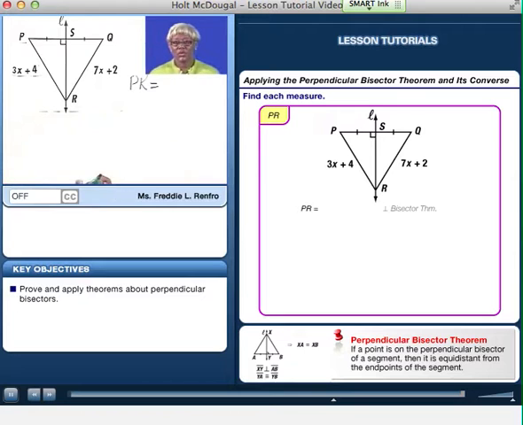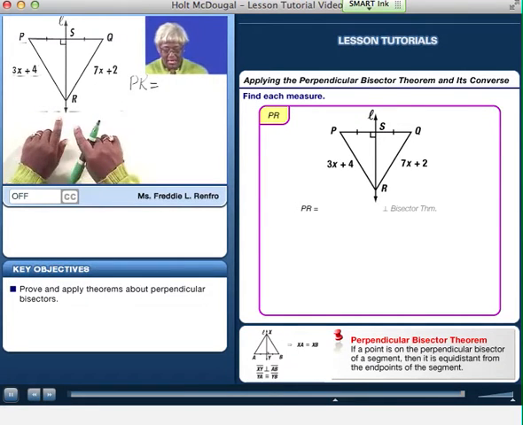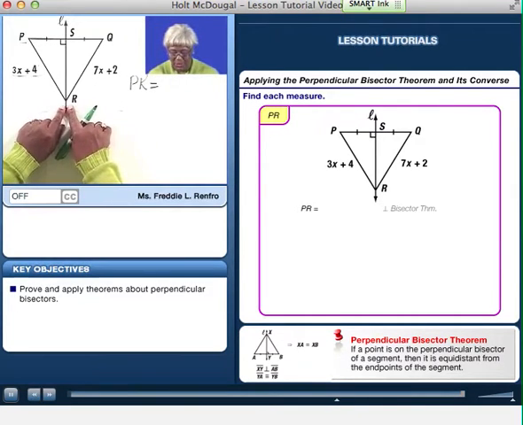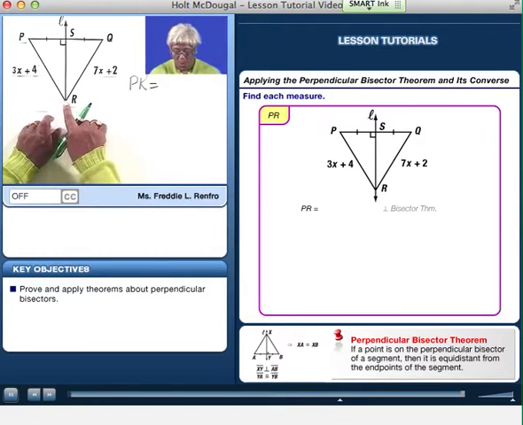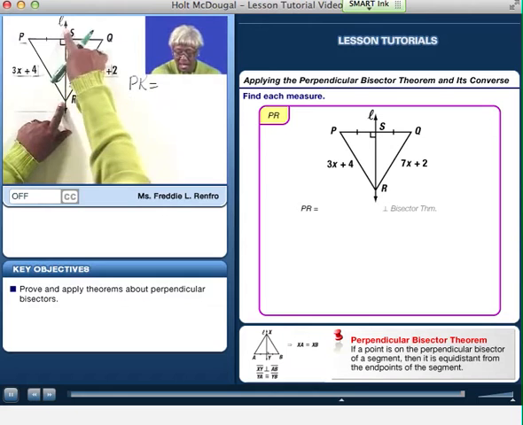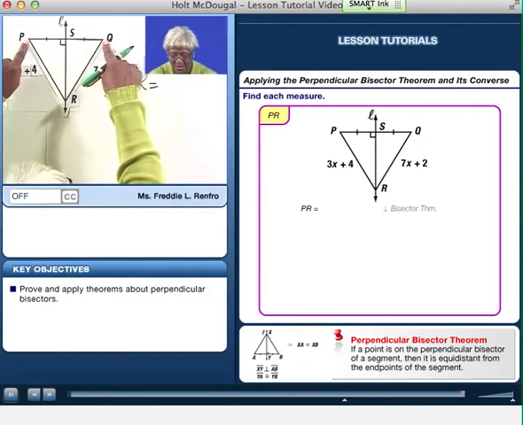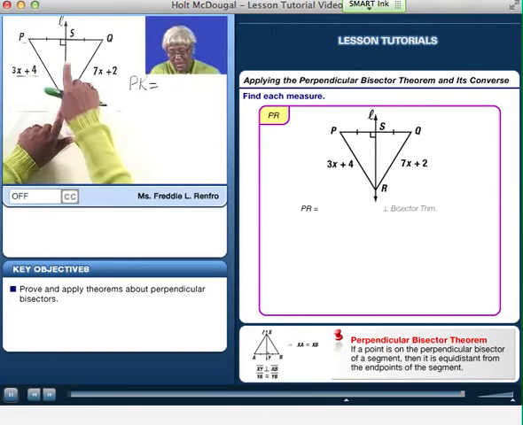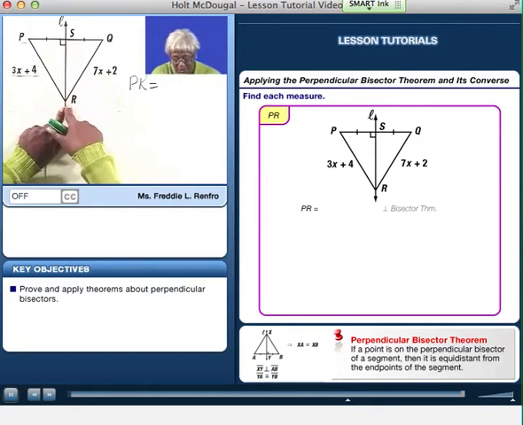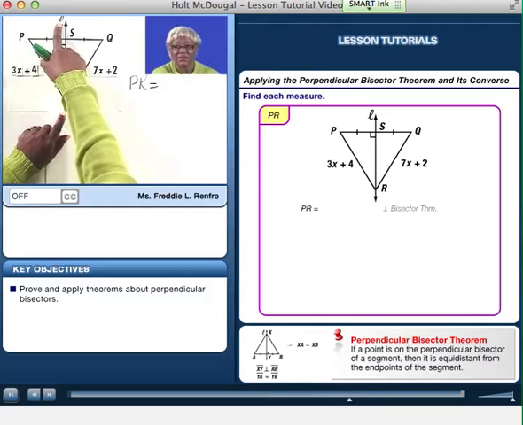But what do I also know here? I know that, notice here, point R lies on the perpendicular bisector of this segment. How do I know that? Because notice it's perpendicular. Here's my line L.